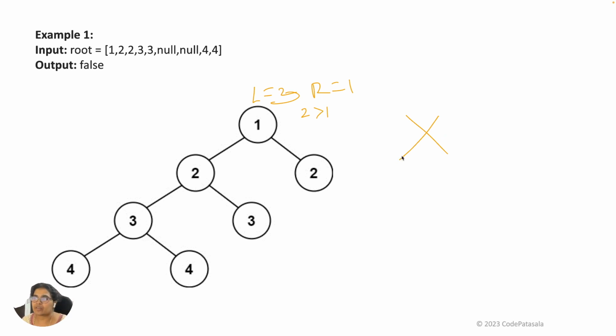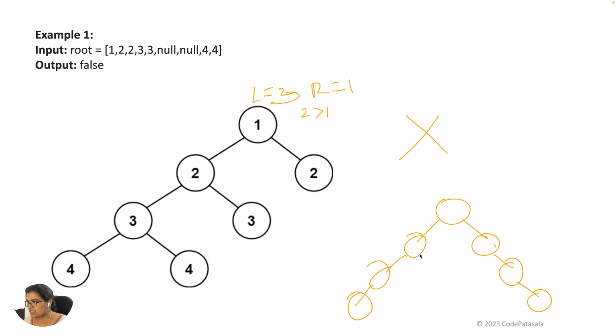One thing to observe is that we have to check the height at every node, because it is not guaranteed that if the root is balanced, every subtree is balanced. So we have to check at every node and figure out if it's balanced or not. For example, if a tree is like this, if you check just from the root, it is a balanced tree. 3 minus 3 is 0.